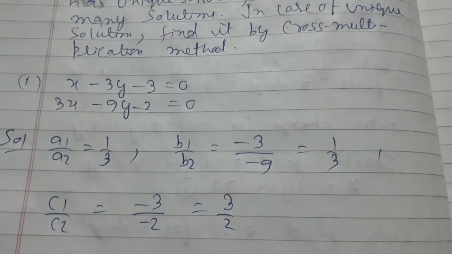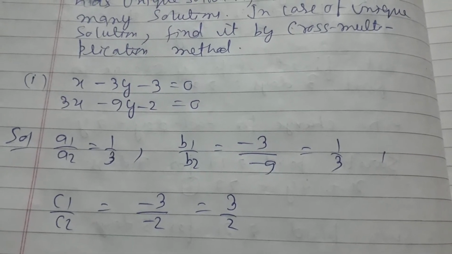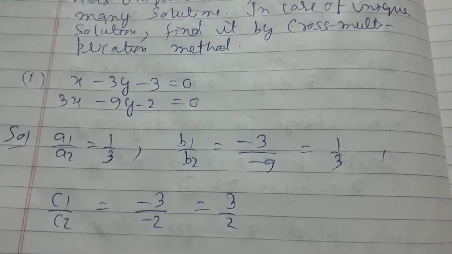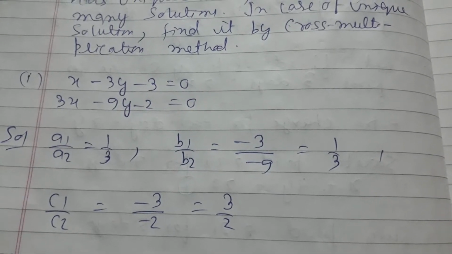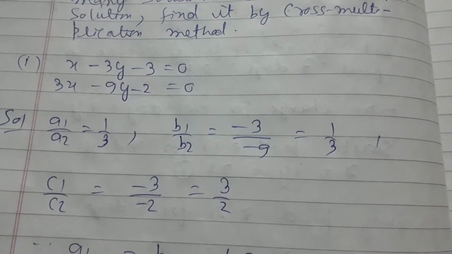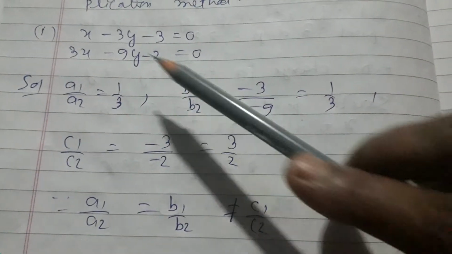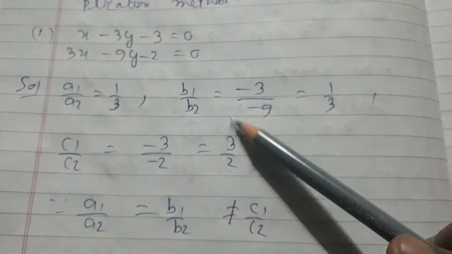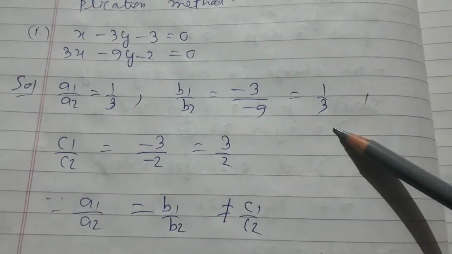First question. Equation x minus 3y minus 3 equal to 0, and second equation 3x minus 9y minus 2 equal to 0. At first we have to understand what type of equation it is. Now a1 by a2 equal to 1 by 3. b1 by b2 equal to minus 3 by minus 9, that is minus minus cancel and 1 by 3.